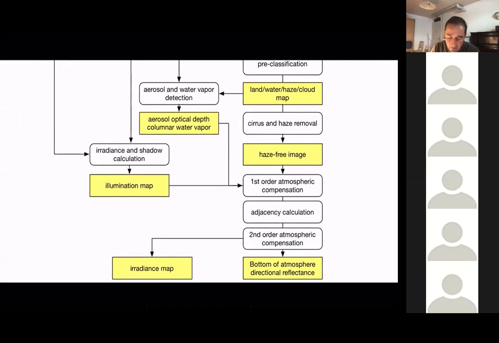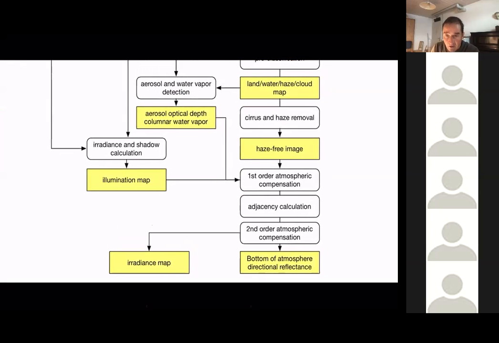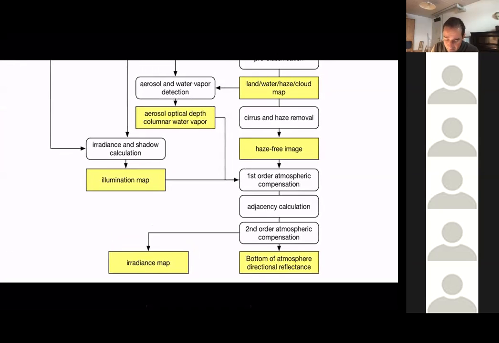So you detect these two things, remove the haze, and now you can go into the atmospheric correction using, on one hand, the aerosol and water vapor data, and on the other hand, the terrain information. And now this was the iteration here, to get the adjacency correction done.